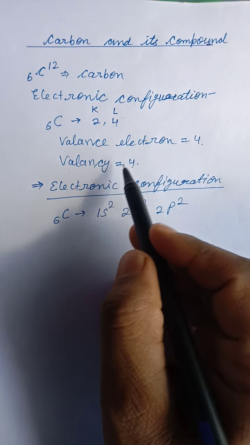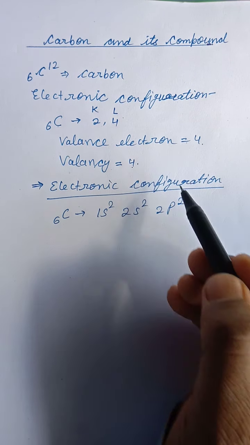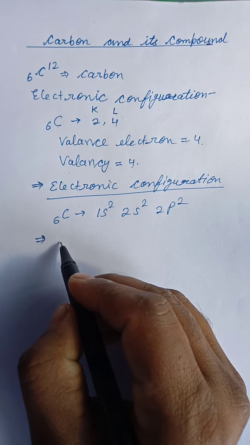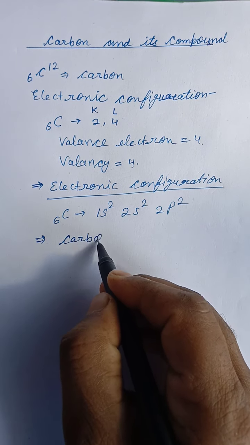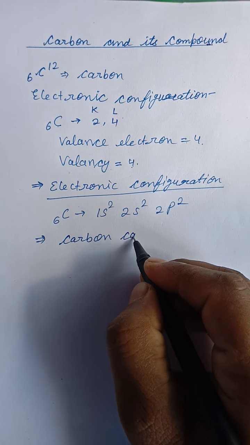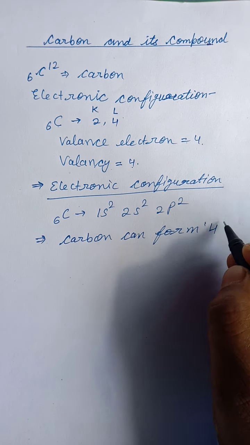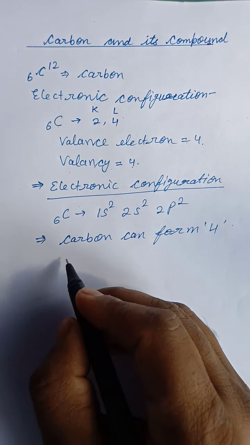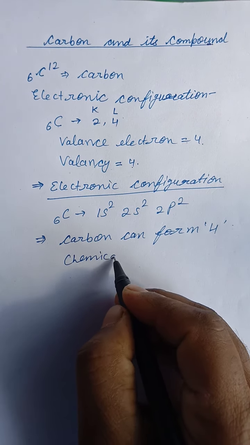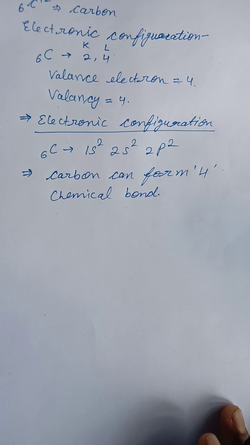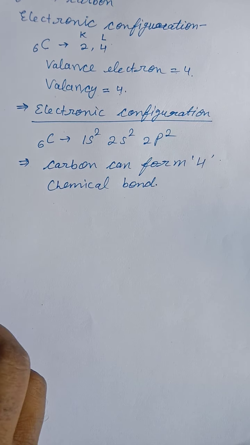Valency and valence electron both are 4, that is why carbon has the tendency to form a maximum of 4 chemical bonds. Understood, my dear? Due to 4 valency.